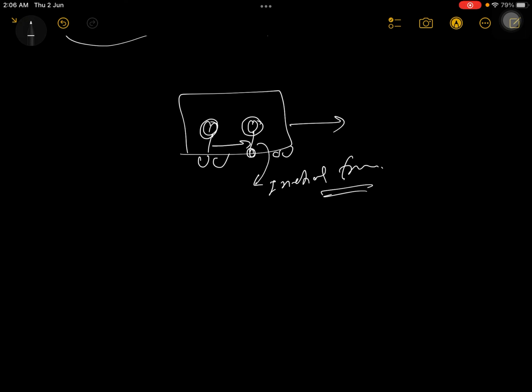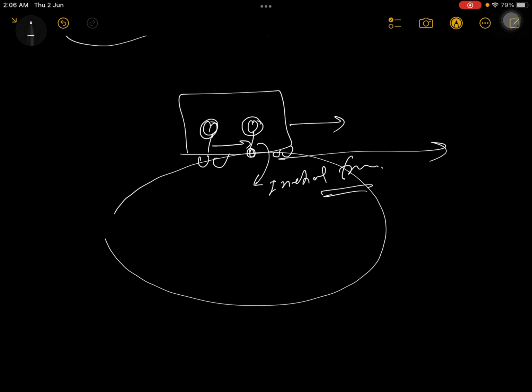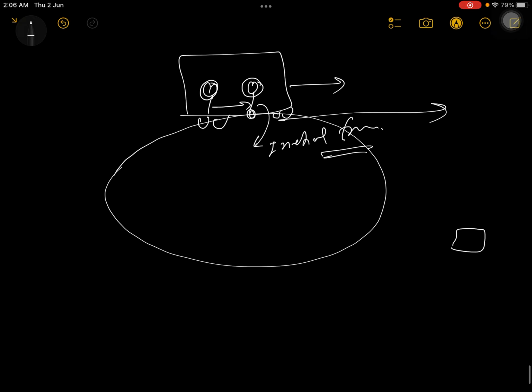Okay, but suppose the bus is traveling in this direction, and whatever is happening, it is happening on the earth. So suppose you have a satellite, and in this satellite, there is an astronaut. With respect to the astronaut, you can also decide your frame of reference, whether motion is there or not. But the astronaut is also one type of frame of reference, but it is a non-inertial frame of reference.